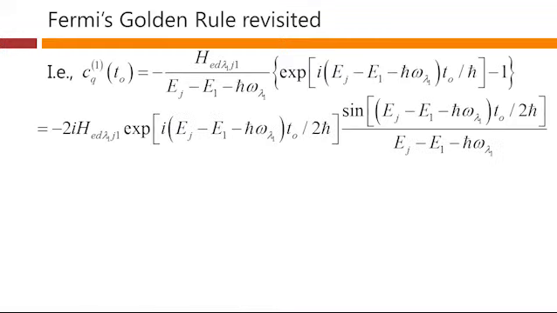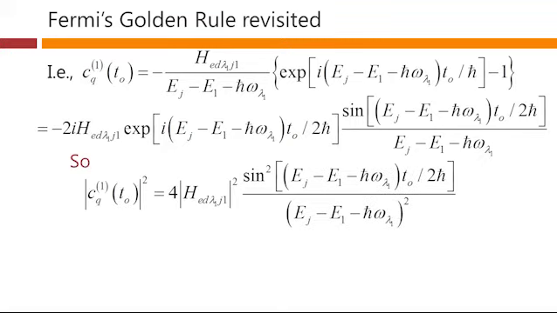So in this expression here, we can simply rewrite that. We take out a factor e to the i (EJ minus E1 minus h bar omega lambda 1) t0 over 2 h bar, in other words, half of this exponent. And that splits us into a symmetrical pair, which turns out to be a sine function. This is just a simple algebraic rearrangement here.